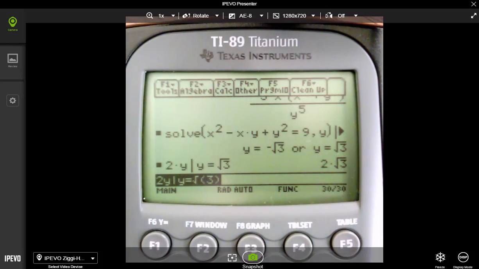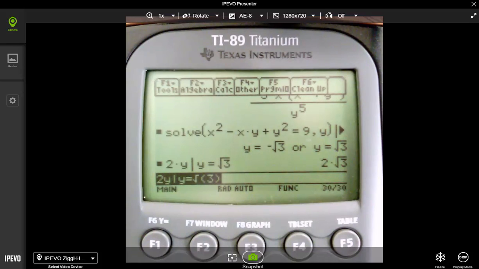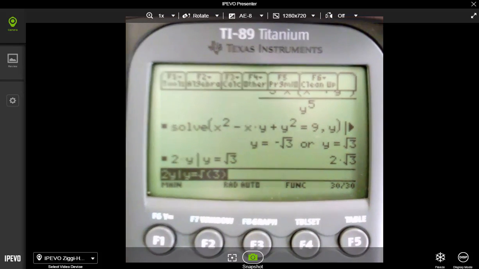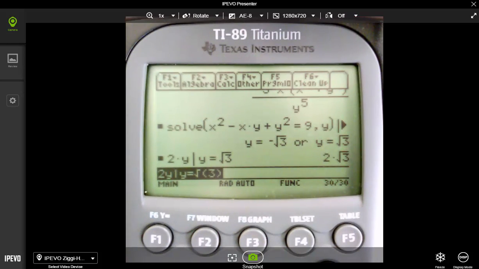So if it was more complicated, obviously this is really easy to do, but if you have what x equals, you can just do this.